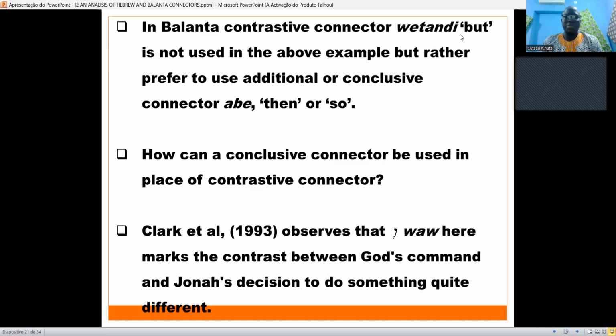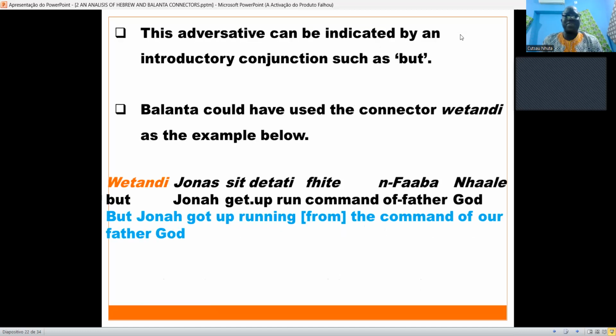Clark et al. observe that vav here marks the contrast between God's command and Jonah's decisions to do something quite different. This adversative can be indicated by an introductory conjunction such as but.